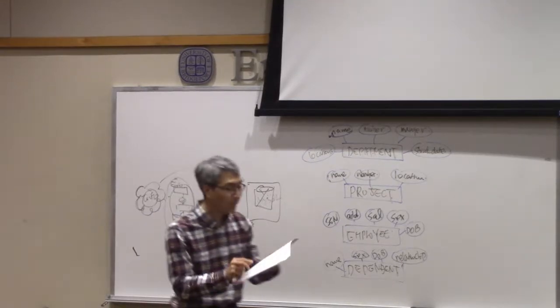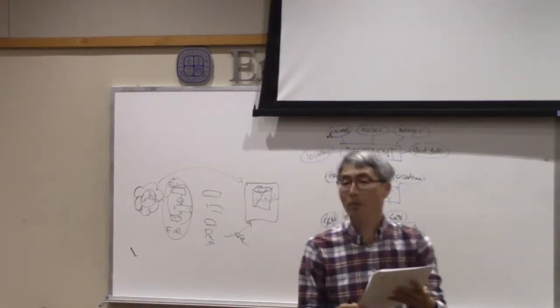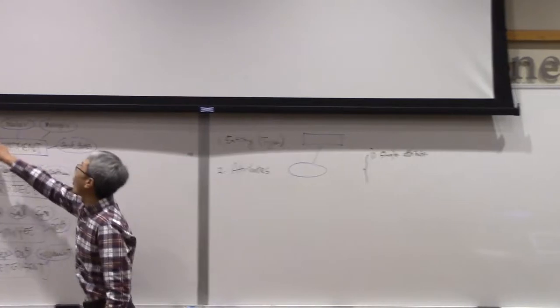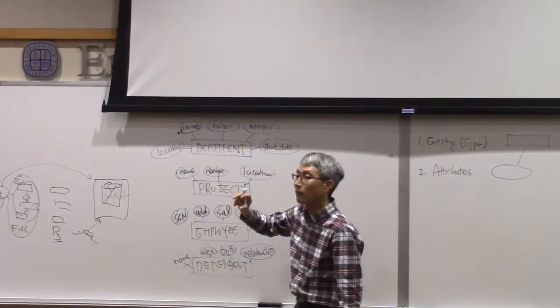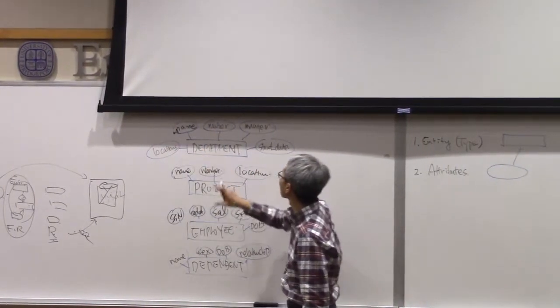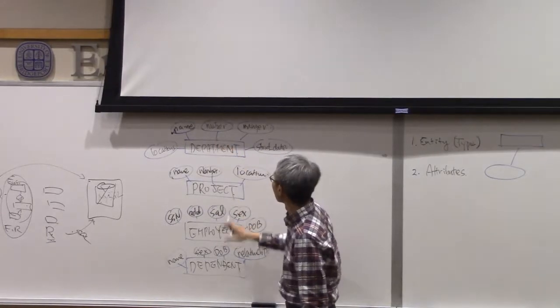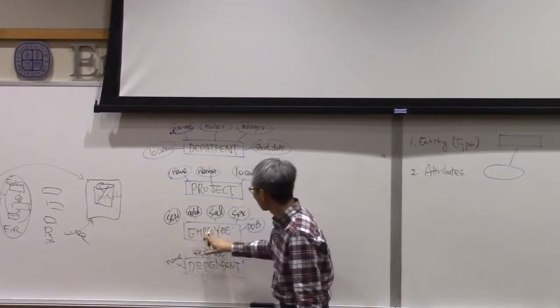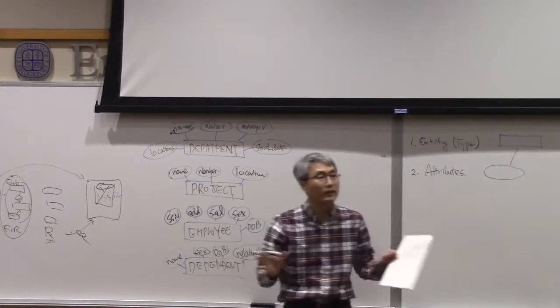So if you read this one, some attributes are single attributes, which means each one has one value. Like one department name, one number, one manager information, and one social security number. So that is the thing.